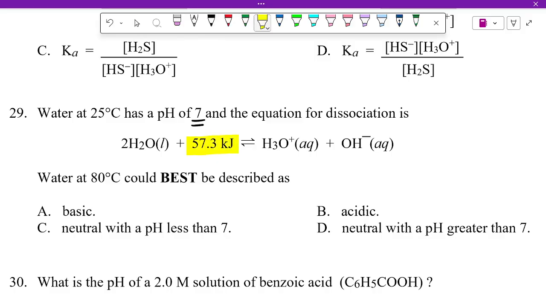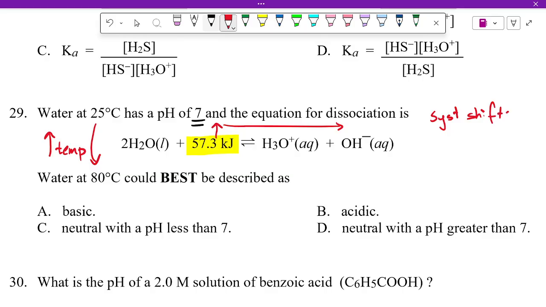So at 80 degrees Celsius, we have gone from 25 to 80. So we have increased the temperature. If we increase temperature, the system will shift to the right to absorb the extra heat.